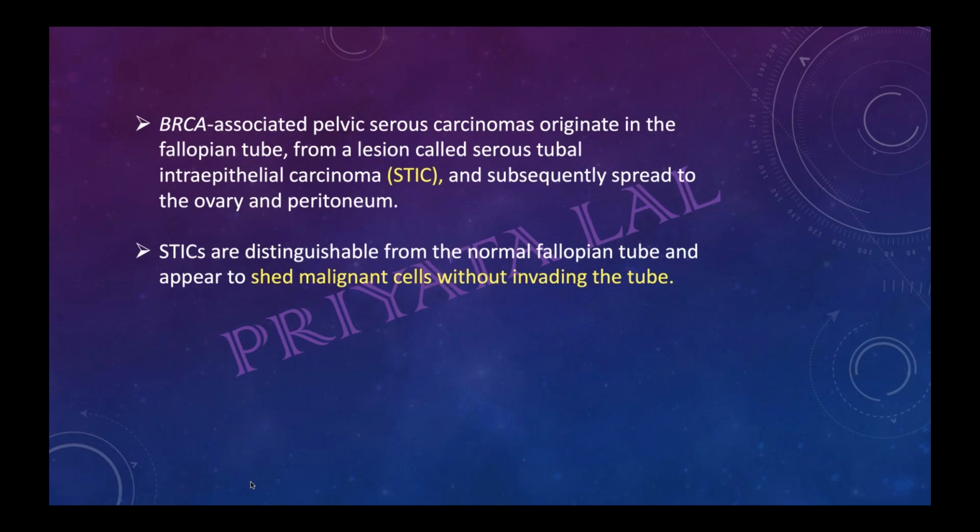These lesions are present in the normal fallopian tube, and they usually shed the malignant cells without invading the tube. So inside the tube there is a STIC from where the cells are coming.